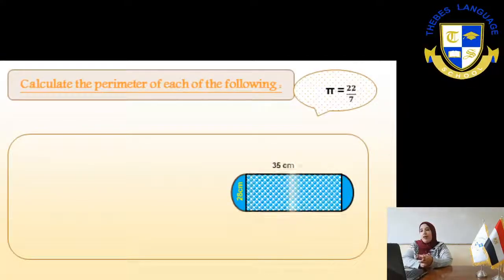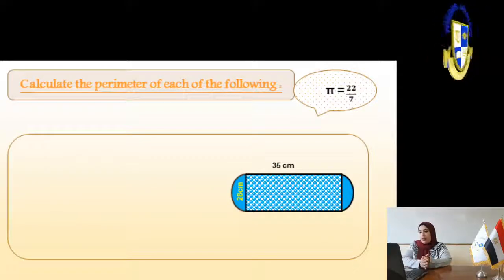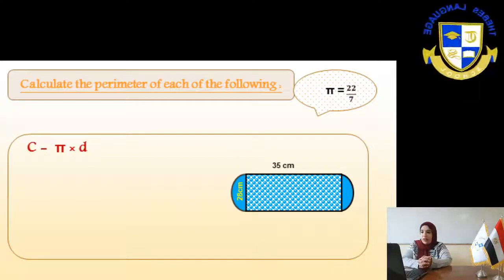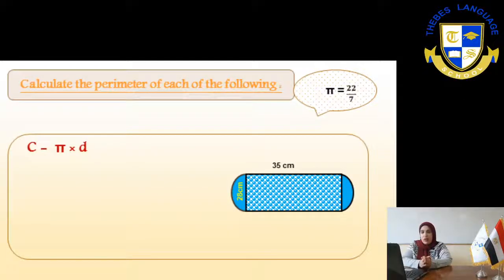Another exercise. Calculate the perimeter of this shape. Also, he told you pi equals 22 over 7. Here you have a figure, a half circle to the right and a half circle to the left. And you have two sides up and down, which are 35 centimeters. The diameter of the circle equals 28 centimeters.